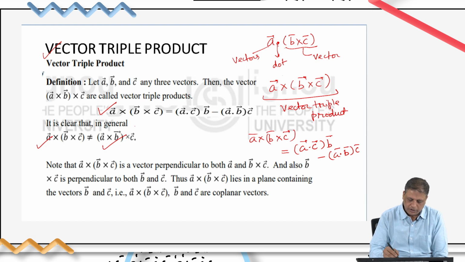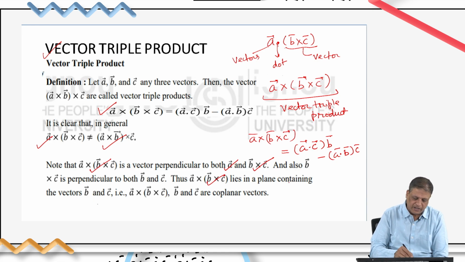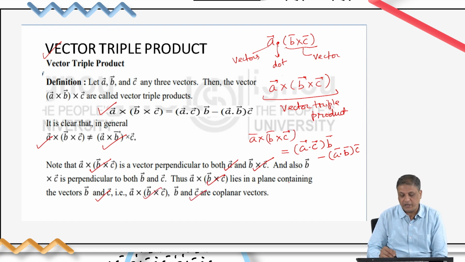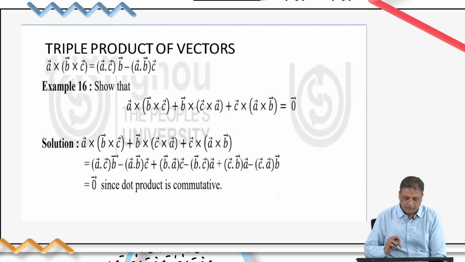This implies that A cross (B cross C) is a vector which is perpendicular to both vector A and vector B cross C. This is an important observation, and B cross C is also a vector which is perpendicular to both vector B and C. So, that means A cross (B cross C) lies in the plane which contains vectors B and C. So, A cross (B cross C) and vectors B and C are coplanar vectors.